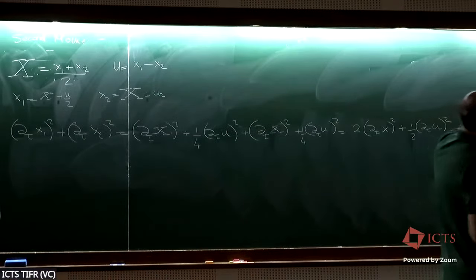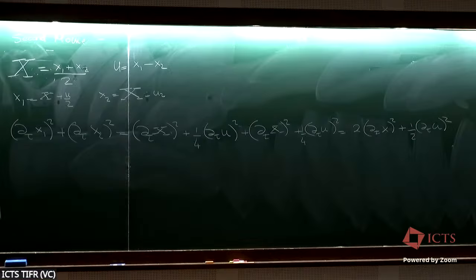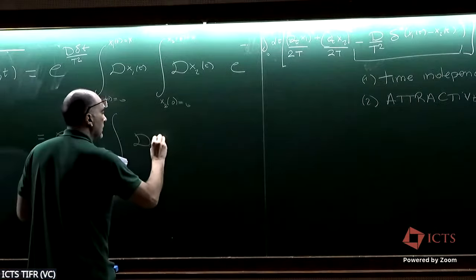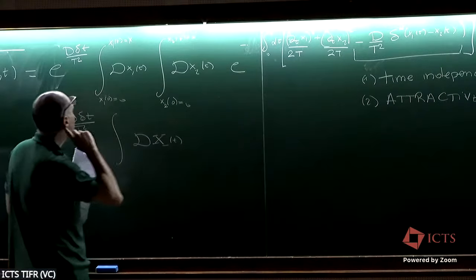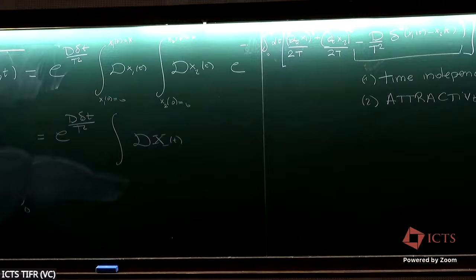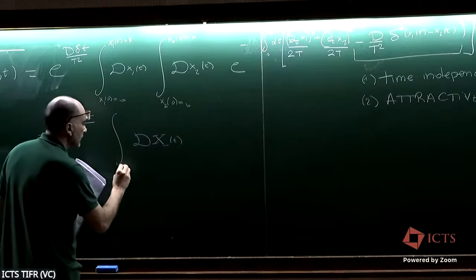So if you use this, you see that now you have essentially, okay, I can write. So you have now path capital X of tau. This path starts from 0.